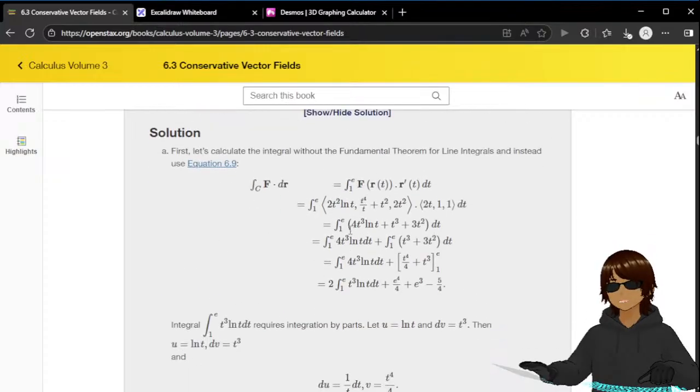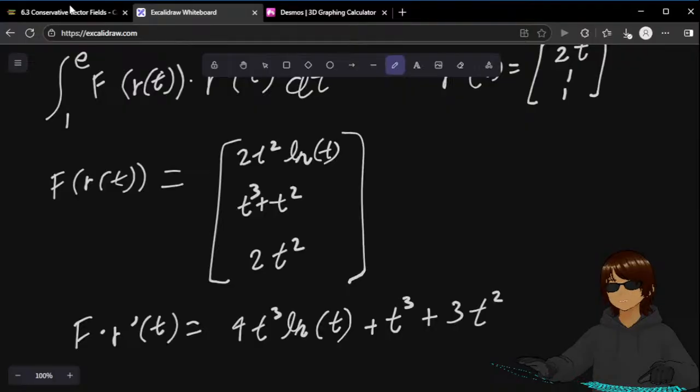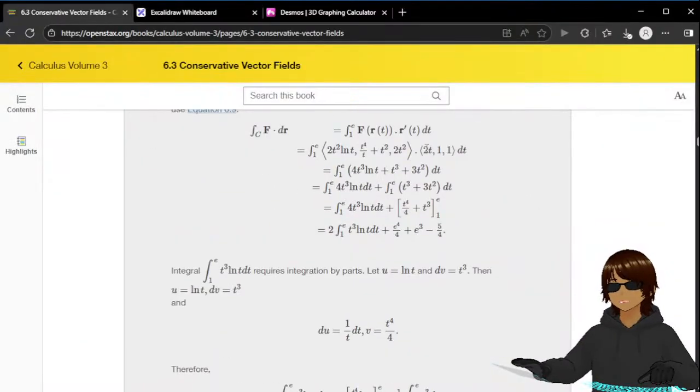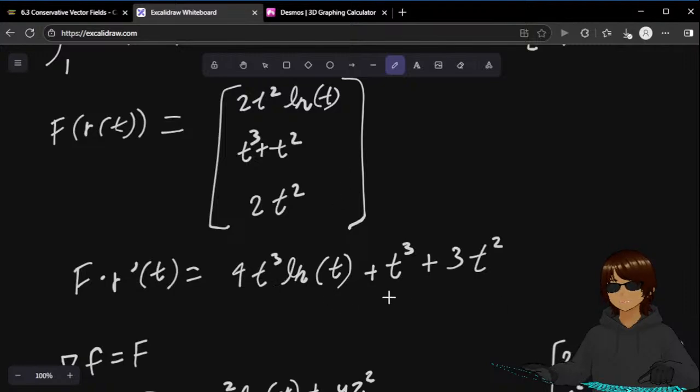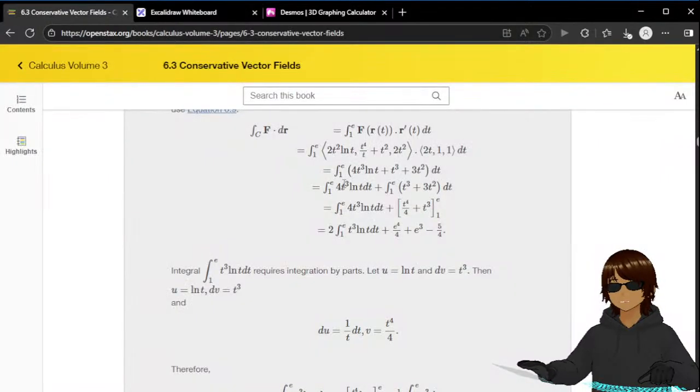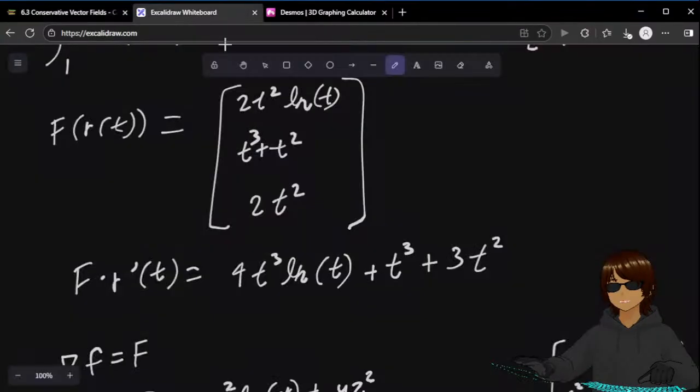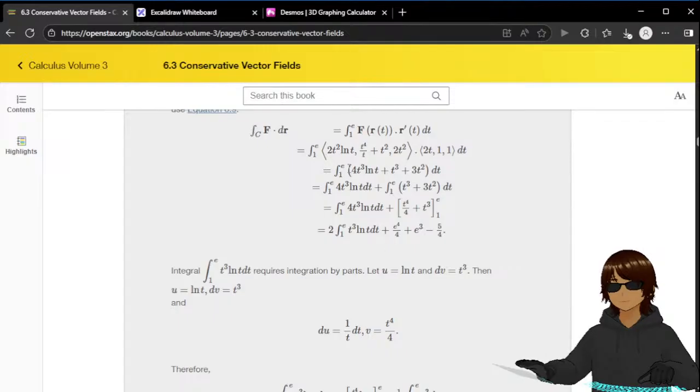If they did it without the theorem of line integrals, we get this, from 1 to e.